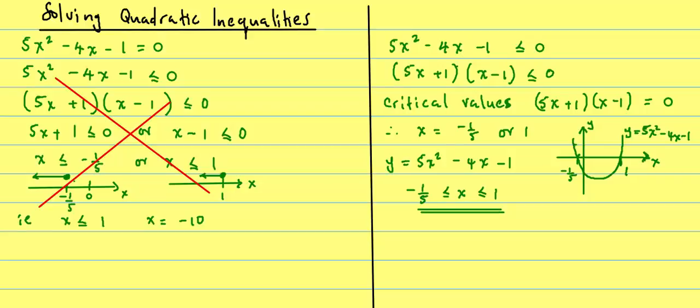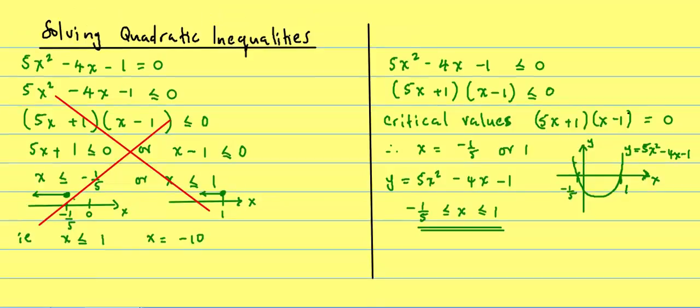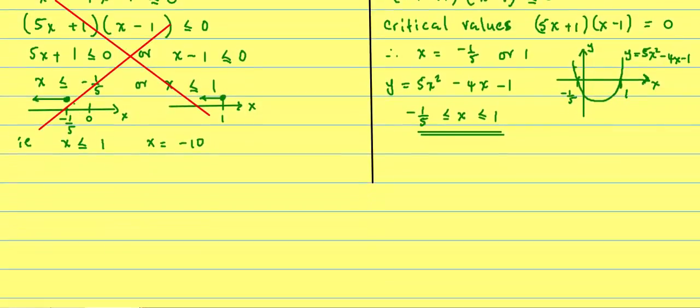satisfy this inequality. In the second example, we want to solve the inequality 2x minus x squared is strictly greater than 0. Now we're going to proceed in a similar manner by factorizing the left hand side. So we pull out an x as a common factor. 2 minus x must be greater than 0.